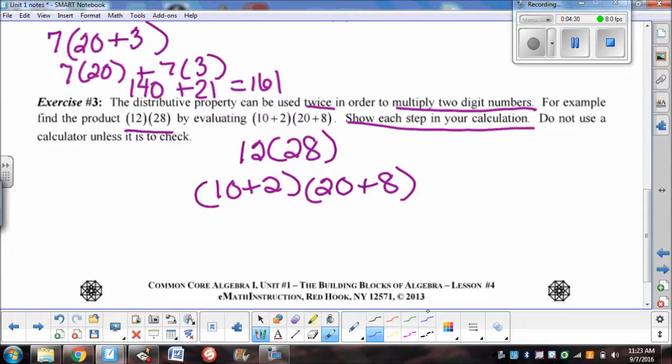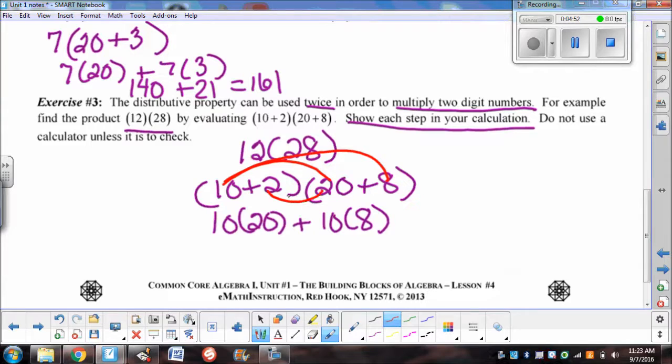If I'm going to use the distributive property twice here, I've got to distribute that 10. So what is 10 times 20, plus 10 times 8. And then I have to distribute the 2, so plus 2 times 20 plus 2 times 8.